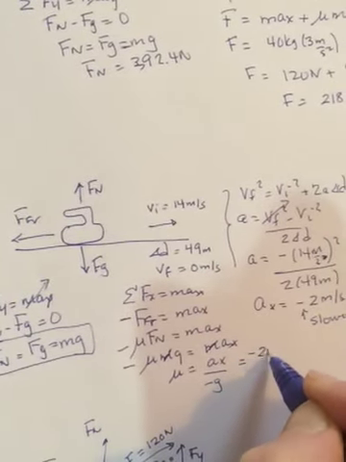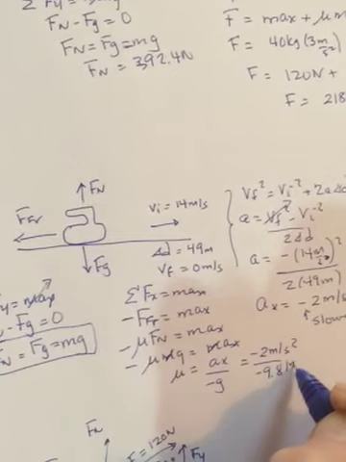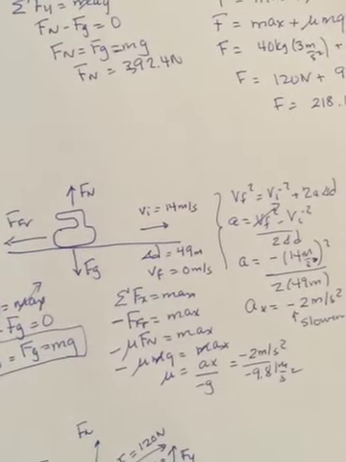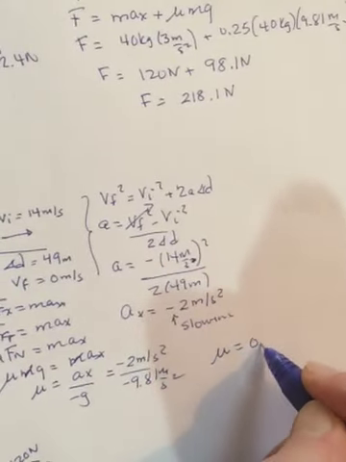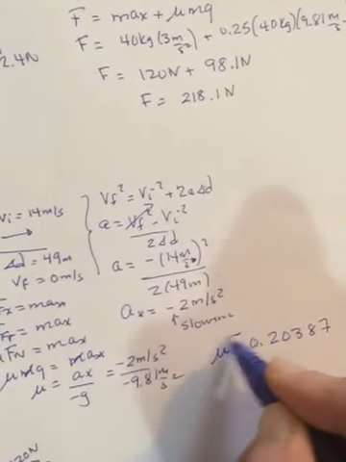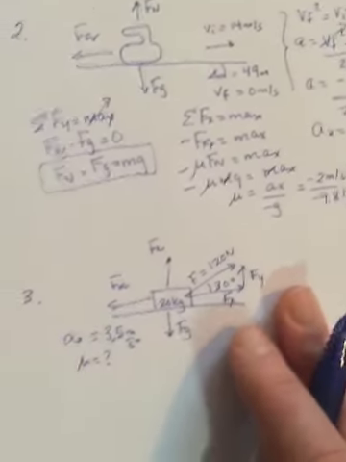A is negative 2. G is 9.81, and it's negative. So divide your 2 by 9.81 and get a mu of 0.20387. Done. Hopefully these are getting fairly easy by now.